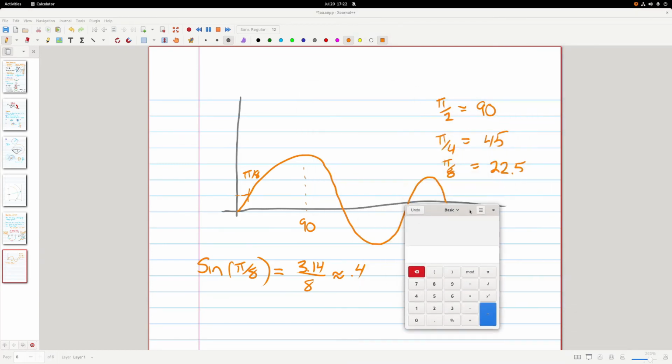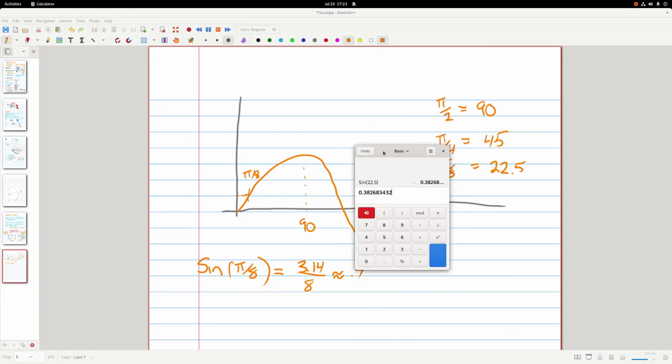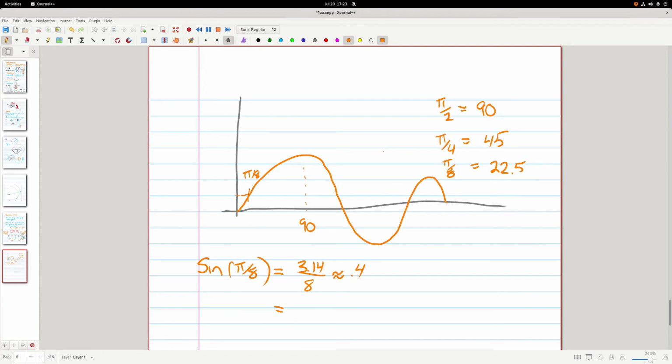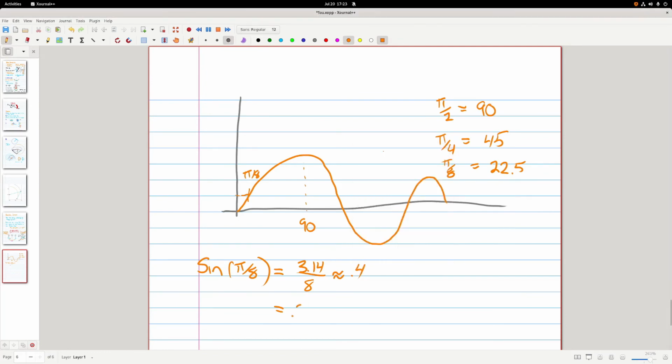Okay, so calculator. Let's first find out how close I am. Sine of 22.5 is 0.38. So in reality, this is actually 0.38.